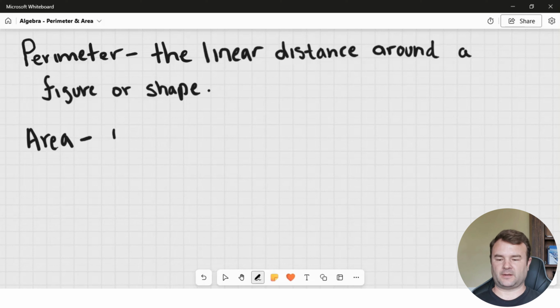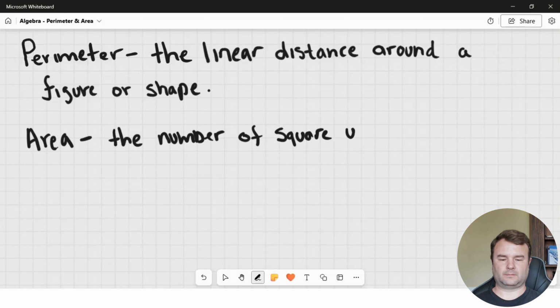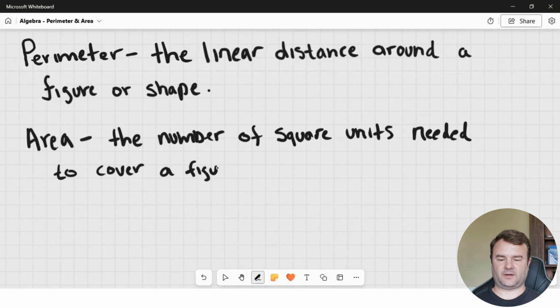So area is the number of square units needed to cover a figure or shape.